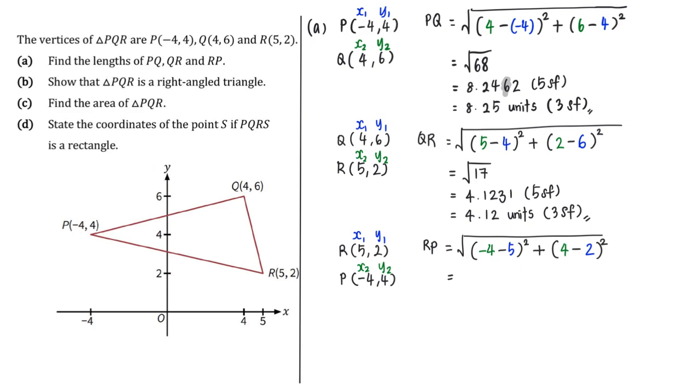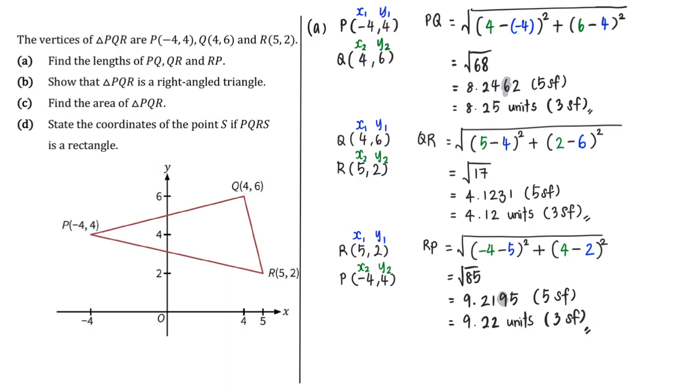This will be equals to square root 85, which will be equals to 9.2195 to 5 significant figures, followed by 3 significant figures, and because this is 9, it will be 9.22 units, rounded off to 3 significant figures. And we have just completed part A.